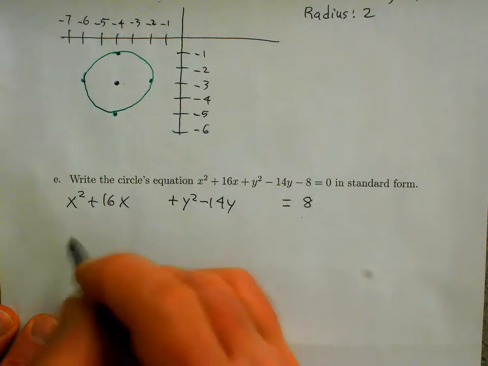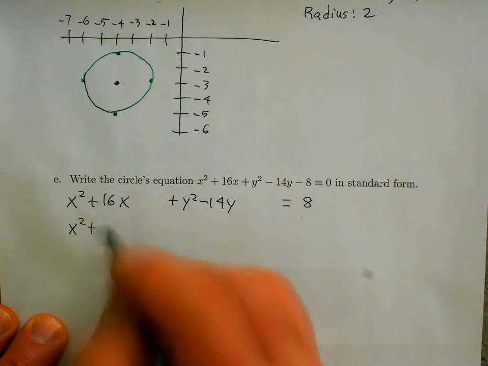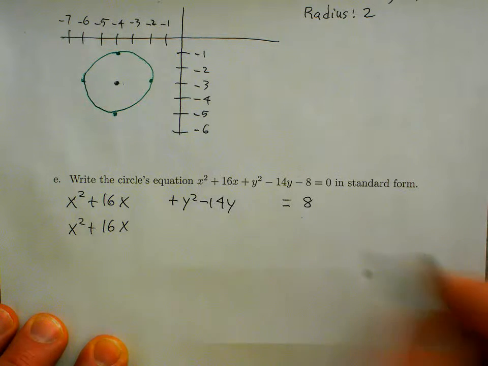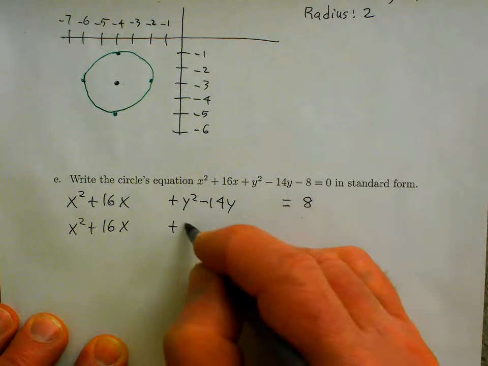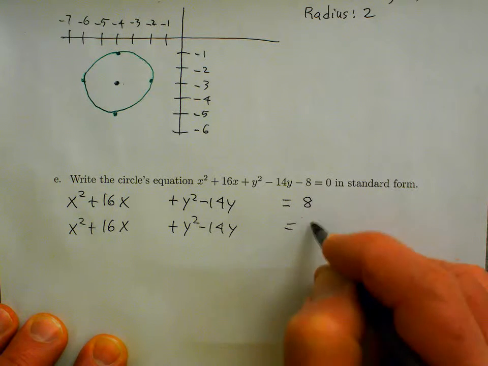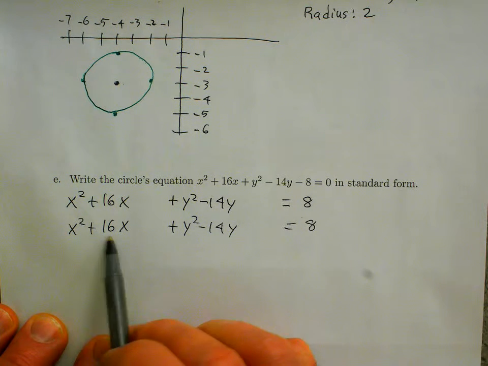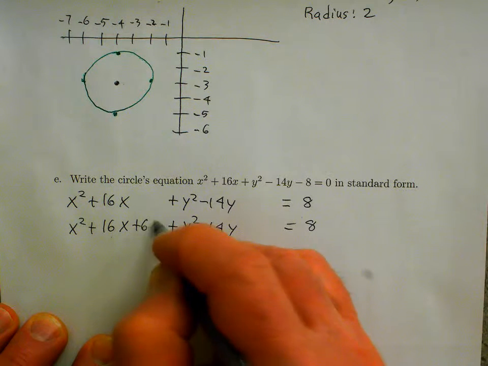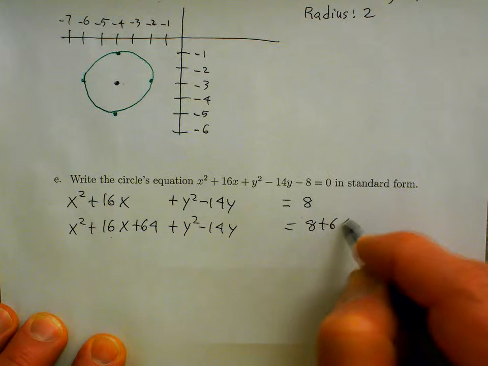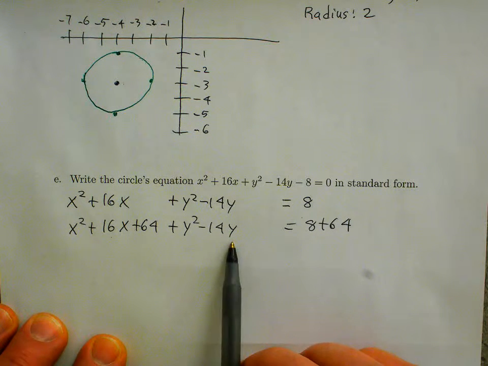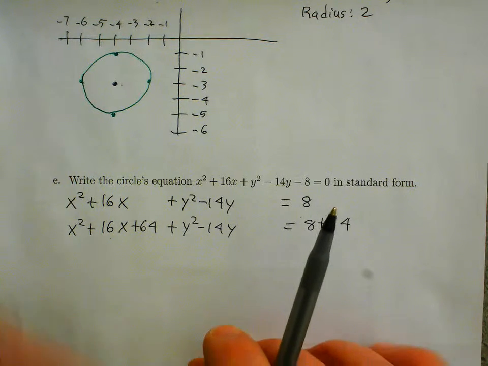Then in the next step, we complete the square twice, once on x squared plus 16x, the second time on y squared minus 14y. So x squared plus 16x, we take half of 16 and square it. 8 squared is 64, so we add 64 to both sides. And then y squared minus 14y, half of negative 14 is negative 7.